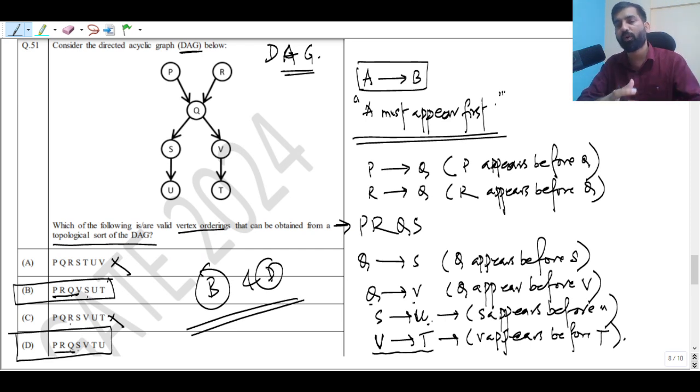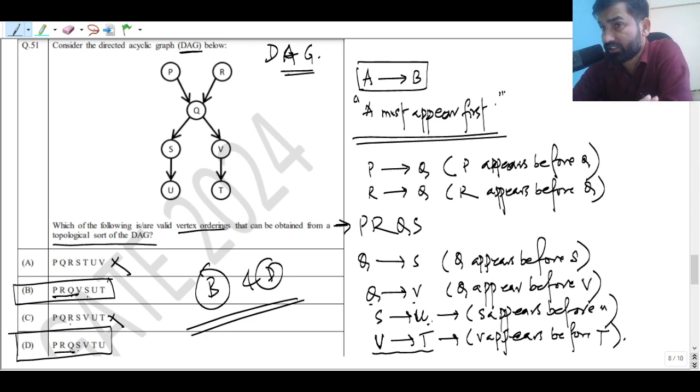The concept I am using here is that as long as this is a directed acyclic graph and you are looking for a valid vertex ordering, you first identify the DAG structure.